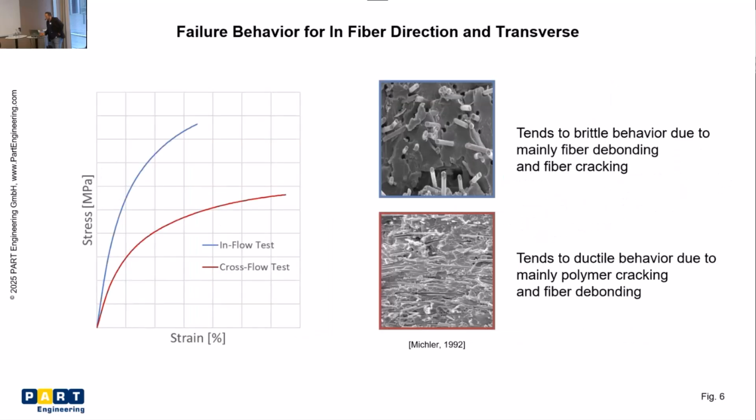Probably you have seen that before when you're working with plastics. You can also see that in a stress-strain curve of such a material, that you have typically a lower stress but higher strain when the load is applied across to the flow direction, while you have a higher stress but lower strain in the direction of flow, so where most of the fibers are pointing.